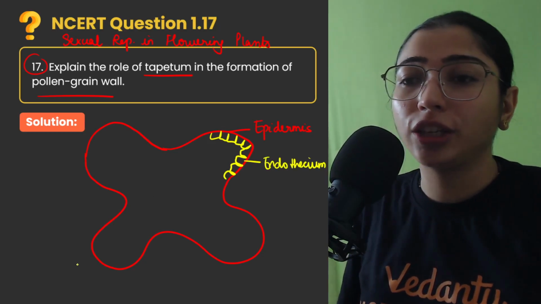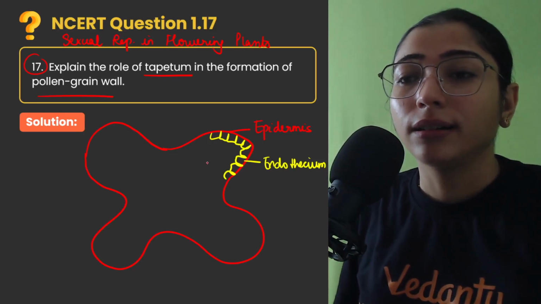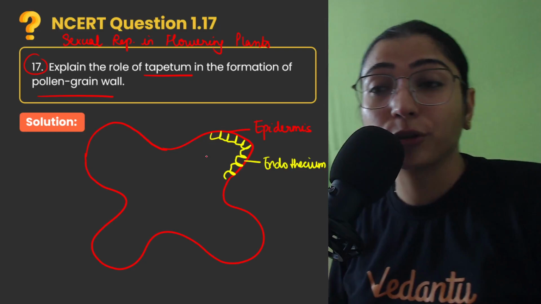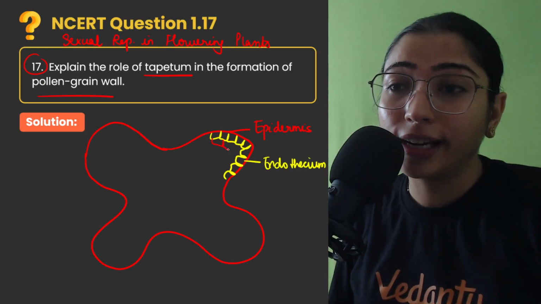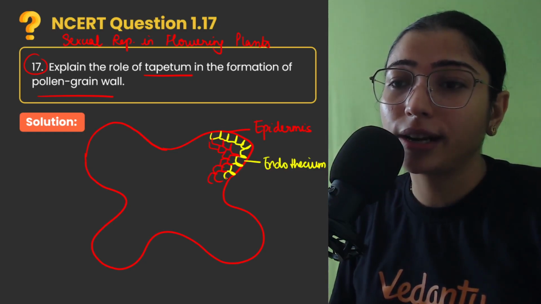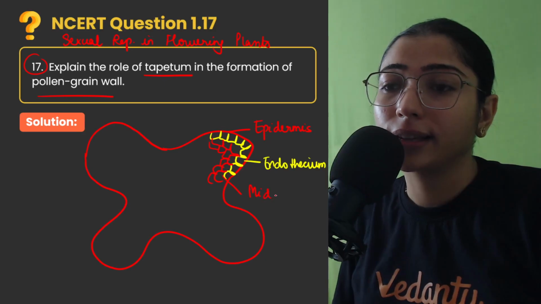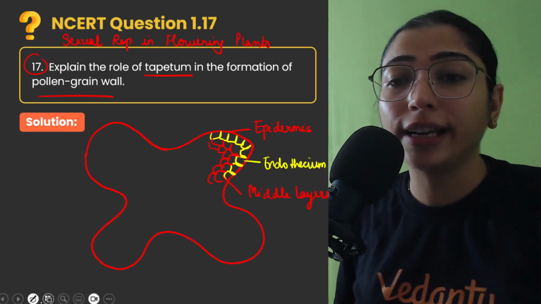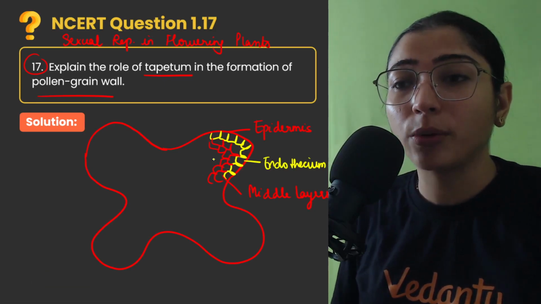Inside to endothecium we find the microsporangia wall layers, right? Basically these are microsporangia wall layers. So you will find 2 to 3 wall layers of middle layers. And children, inside to the middle layer you will find a wall just surrounding the microsporangia.